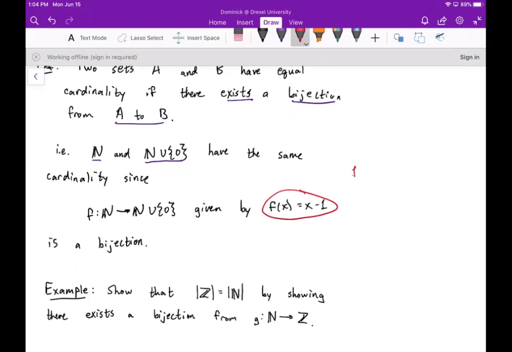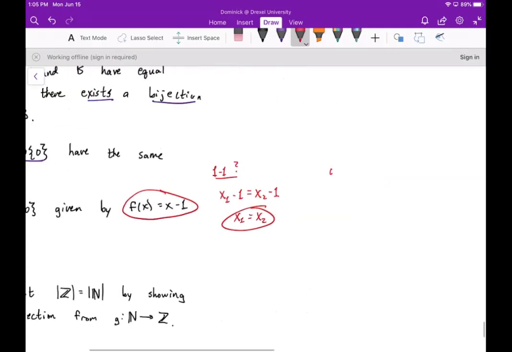So is it one-to-one? Well, yes, because if you have x1 minus 1 equals x2 minus 1, then you can conclude right away that x1 and x2 are equal. And of course, is it onto? Yes, because assume y is equal to b.